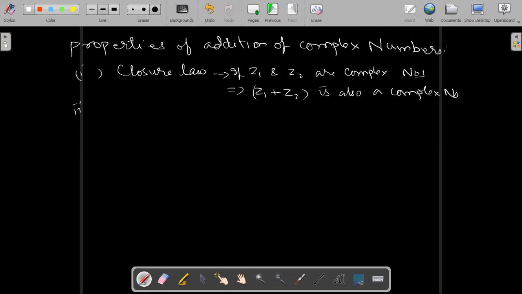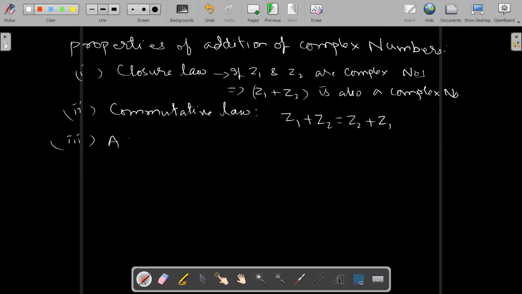Second property is commutative law. Commutative law means we can add in any manner. If we add z1 plus z2, or we add z2 in z1, we can change their order of addition. That is followed here, commutative law.